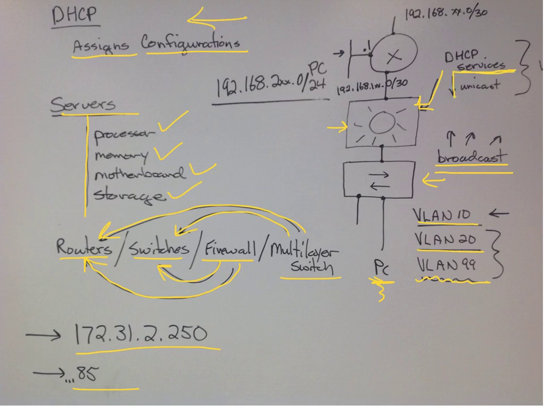DHCP services return it. Now, the confusing part would be if this PC, let's say it was on VLAN 10 here, that VLAN gets trunked up, so then it's tagged, and then it's VLAN 10 when it gets into here, so it knows this VLAN has an IP address, right?